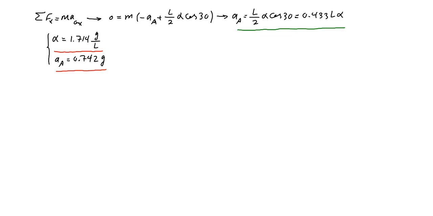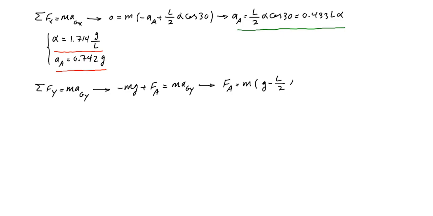Well, to find that, I'll just write the equation in y direction. Sum of F_y is equal to m a_Gy. From there, I'll get minus mg plus F_A from free body diagram. And on the right side, I get m a_Gy. From there, F_A is equal to mg minus m L over 2 alpha sine 30 degrees.